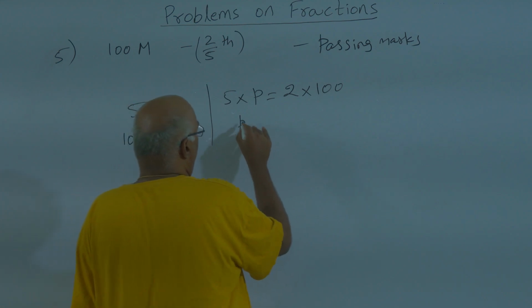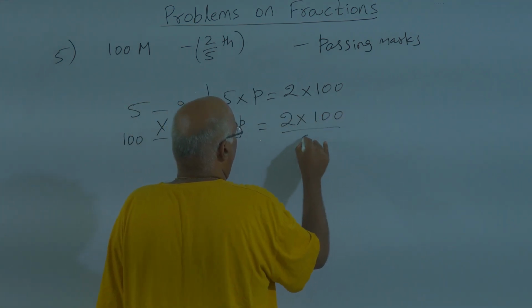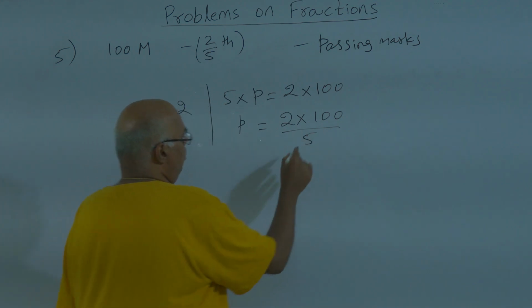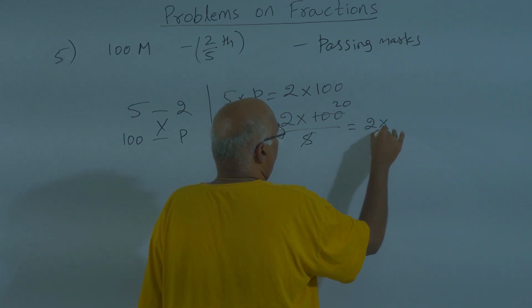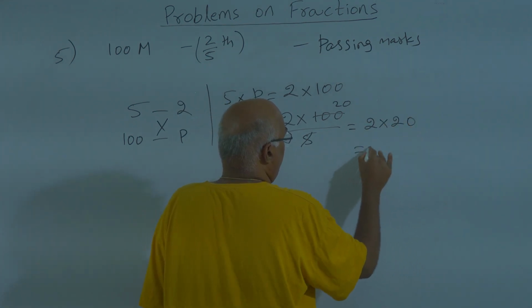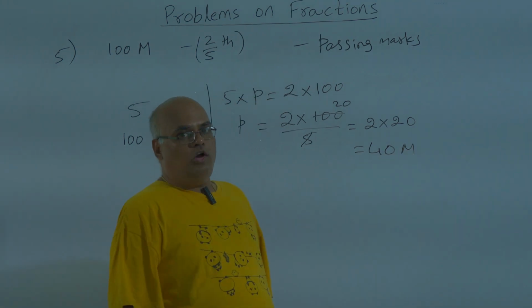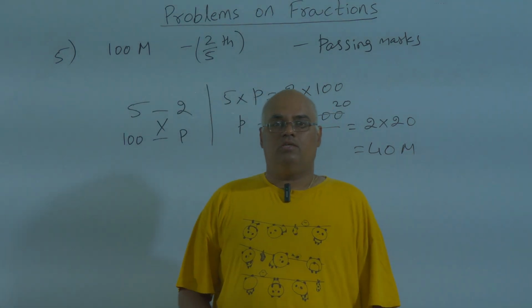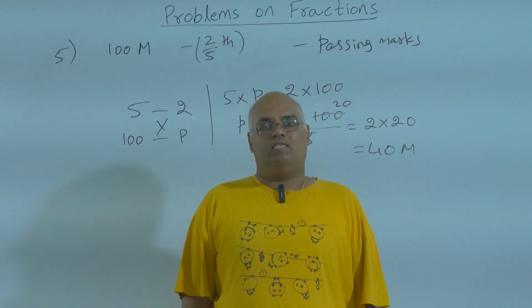So P is equal to 2 into 100 by 5. 5 goes 20 times, so this is equal to 2 into 20, which is equal to 40 marks. So 40 is the minimum marks which a student has to get in order to clear the maths exam.